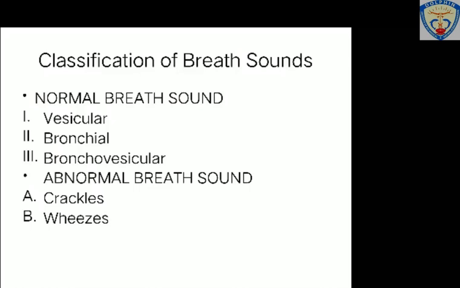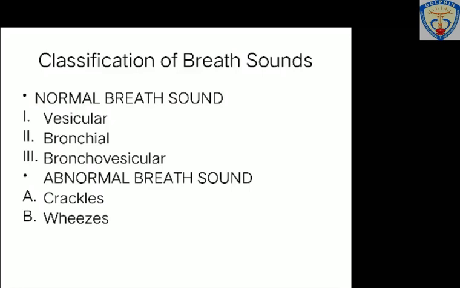Breath sounds are classified into normal breath sounds and abnormal breath sounds or adventitious breath sounds. Normal breath sounds occur in the absence of any pathology and are heard predominantly during inspiration. These are categorized under three categories: vesicular, bronchial, and bronchovesicular.